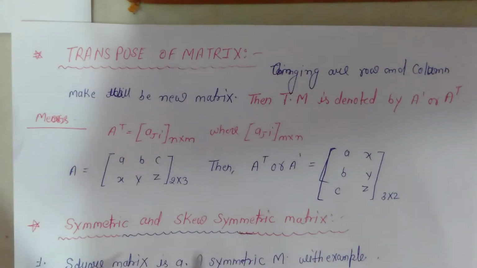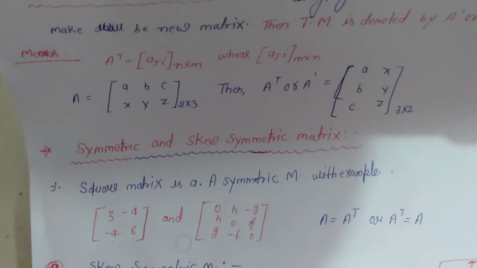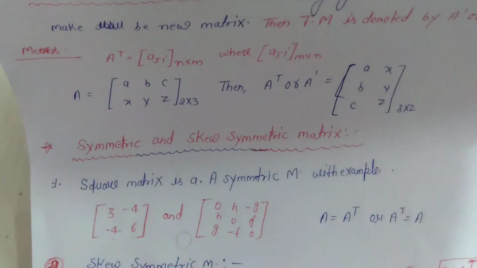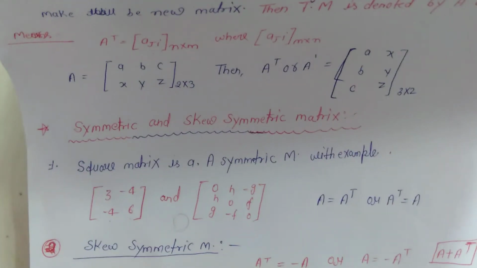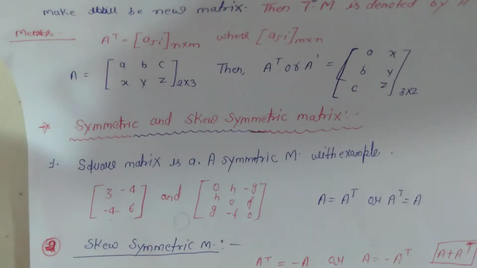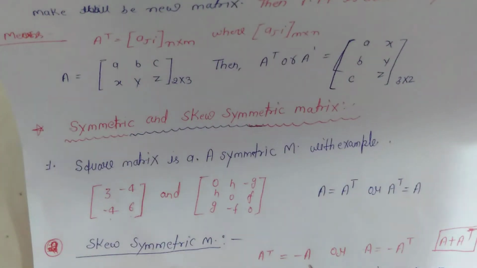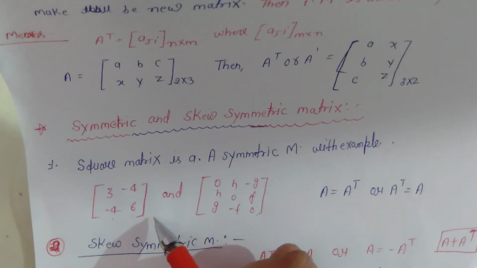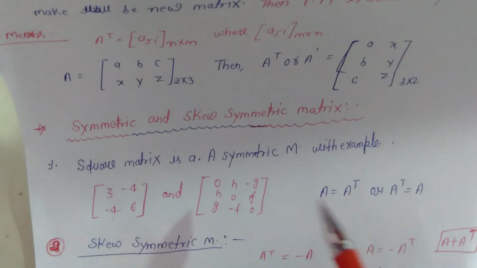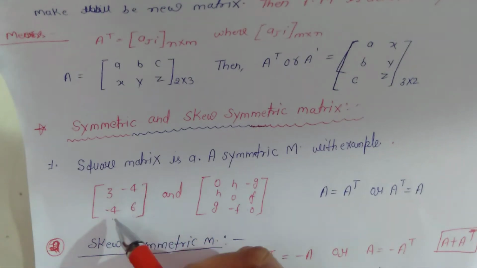Okay, and symmetric and skew symmetric matrix. What is a symmetric matrix? A square matrix is symmetric, for example 3, minus 4, minus 4, 6. A equals 3, minus 4, minus 4, 6, a 2 cross 2 matrix, and A equals A power T. The transpose of A swaps the rows and columns of 3, minus 4, minus 4, 6.